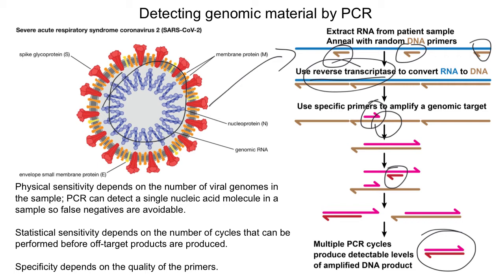So this is an extremely sensitive method because I only have to have 1 molecule of the viral genome in my sample, and I can amplify it in an hour or 2 into enough DNA that I can see it by physical detection. So extremely sensitive, single molecule detection. I'm not going to miss many things, so I don't have to worry about false negatives with this technology.